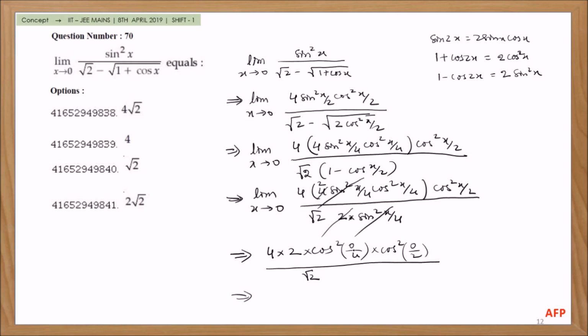Now you can see, 4 into 2 divided by root 2, so cos 0 is 1, cos 0 is 1, so both become 1 here. So we will rationalize the denominator. When you go for rationalizing the denominator, 2 will get 2, root 2 will get cancelled, 4 root 2 is the answer you got. Here option 1 it follows.